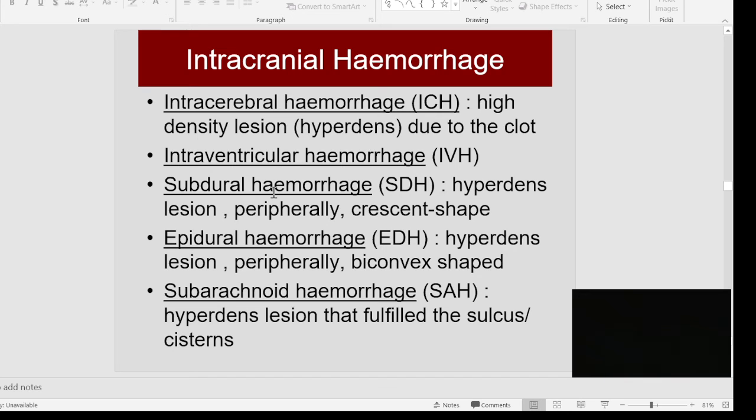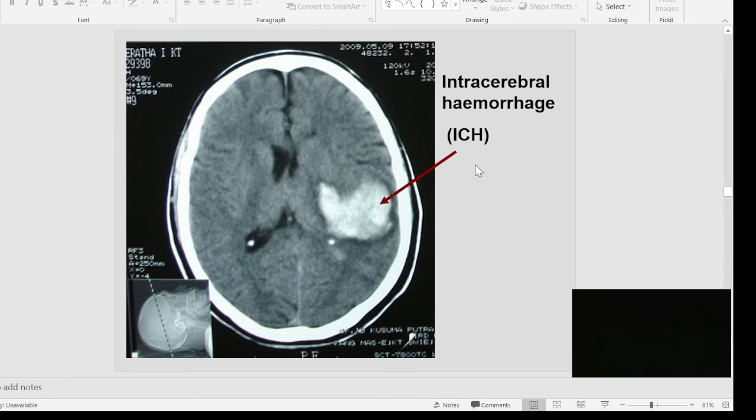Usually the common high density lesions you will see are intracranial, subdural, epidural, and subarachnoid. Only the intraventricular is hypodense. So here is an example of intracerebral hemorrhage.